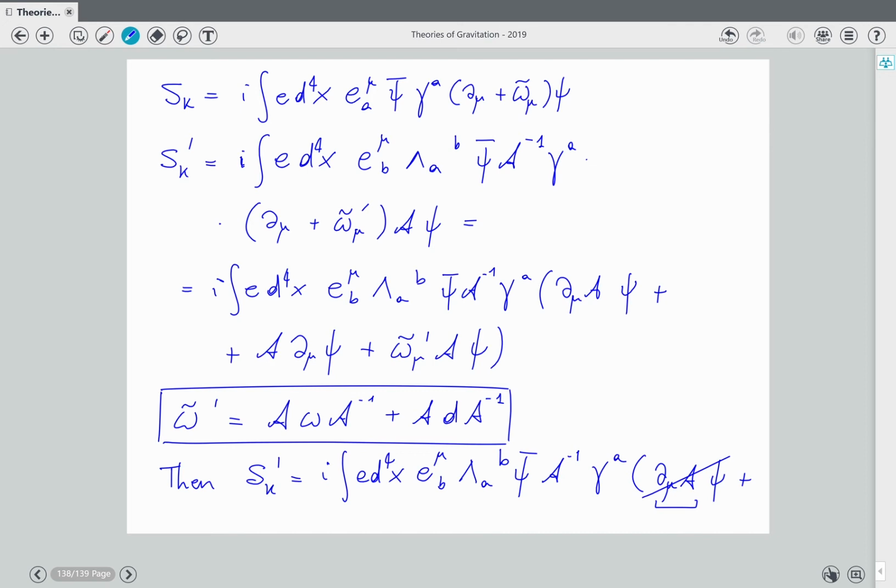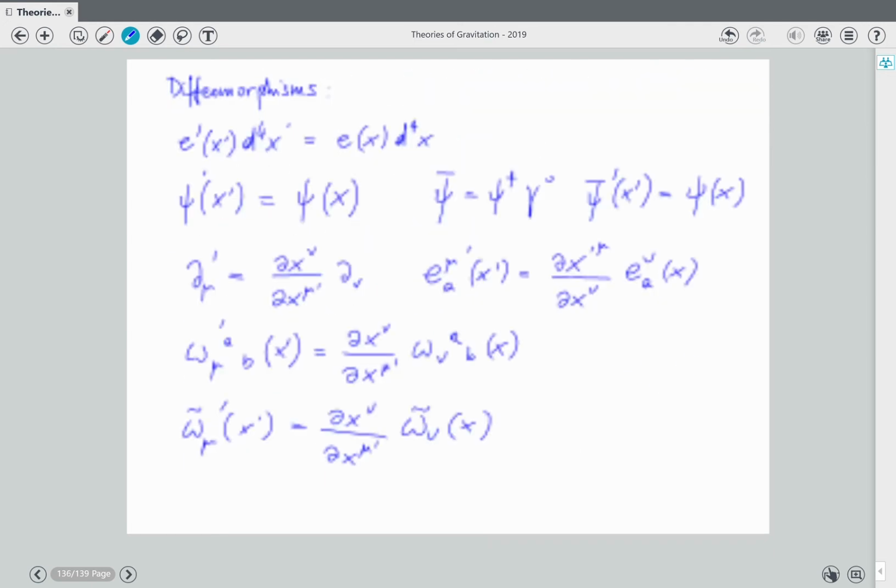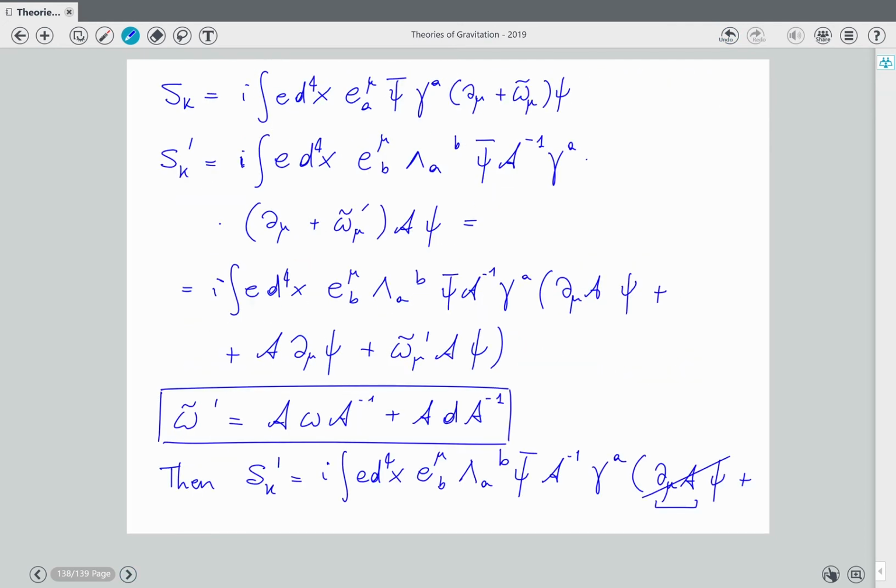Because we know everything about this omega, the spin connection, and we know how the spin connection transforms. And that's just multiplied by some gamma matrices which do not transform when you transform every index, so somehow they do, somehow they don't. We want to prove this identity.